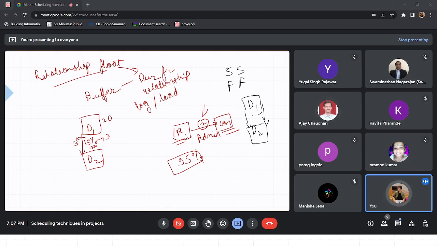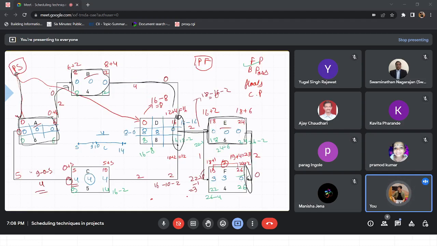It can be there or it cannot be there, but in most cases you will see that both constraints exist at the same time. So to show that it can happen, I have used both start to start and finish to finish. It can be that on site you are finding only one relationship.